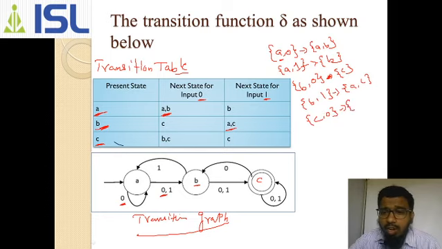What answer are we getting? When C is 0, we are getting the answer B comma C.